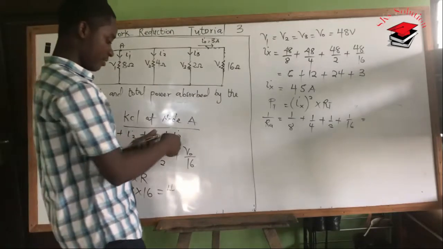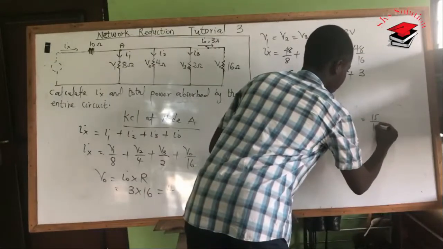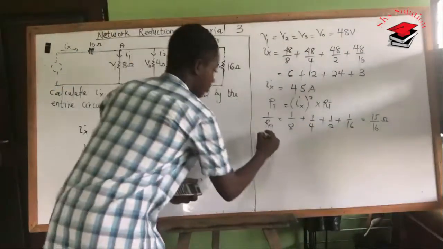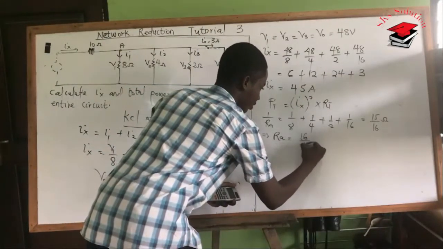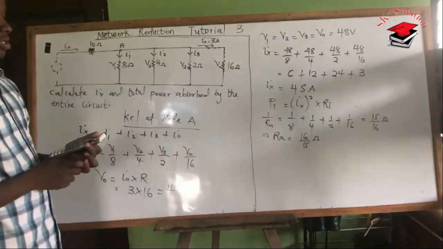So this is giving us 15 on 16 ohms. That is 1 over RA. So it implies that our RA is equal to what? 16 on 15 ohms, the reciprocal of the 15 on 16.